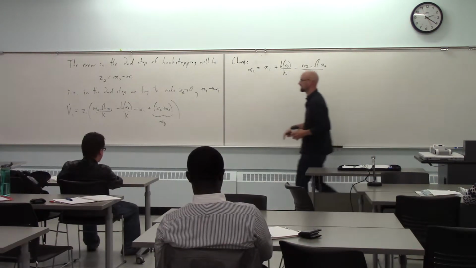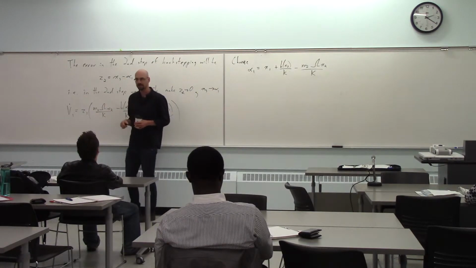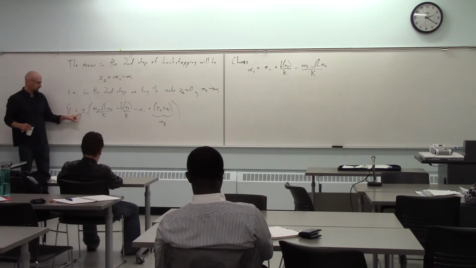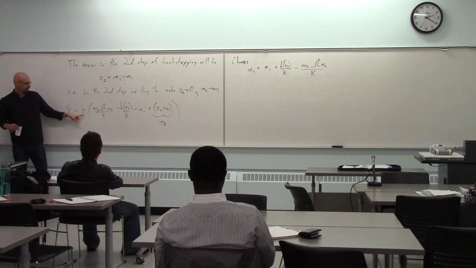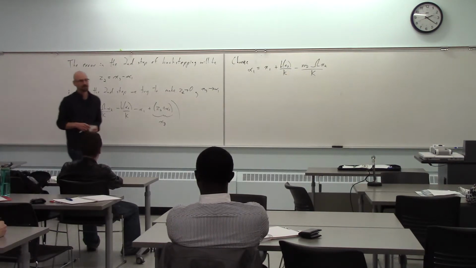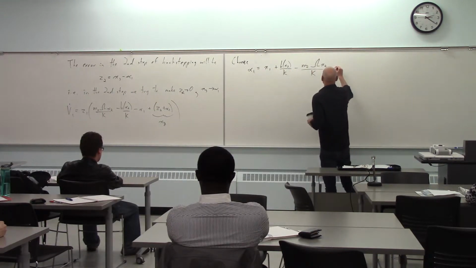So I basically want all these terms that I don't like to disappear. So I'm just going to cancel them out. And then you can see, I want V1 dot to be negative definite, right? So what am I going to multiply by to make sure this is negative definite? Just a minus k z1. So that then I'll get V1 dot equals minus k z1 squared.